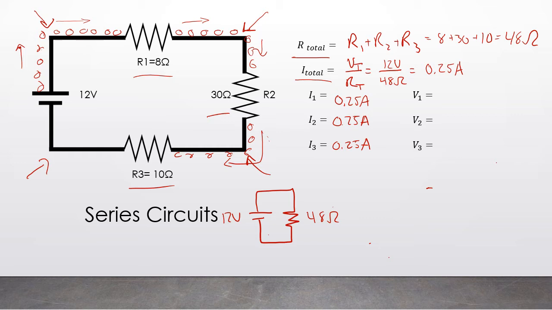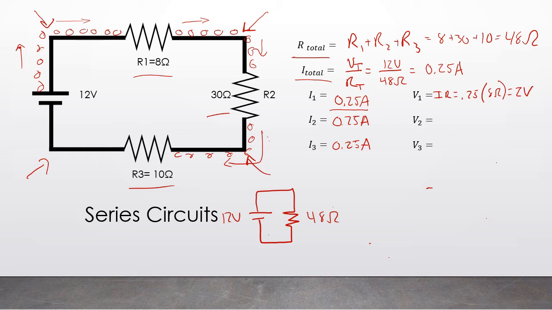Now, V1 is going to be based off of the current times the resistance, right? Because V equals IR. The current through resistor 1 is 0.25, and the resistance of resistor 1 is 8 ohms. So that means I am going to lose 1/4 of 8, which is 2 volts.